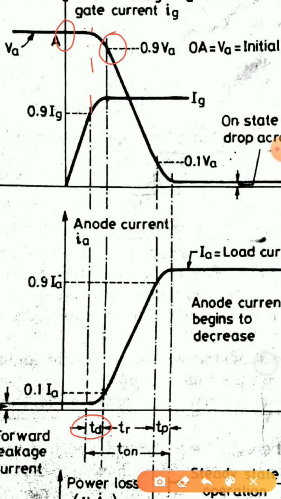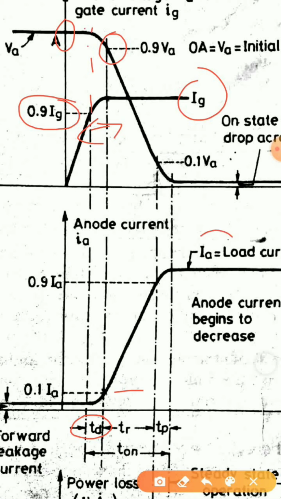or delay time can also be termed as when the gate current goes from 90% value to 100% value. The time duration in which the gate current reaches from 90% value to its 100% value can also be called my delay time, or delay time can also be defined as from forward leakage current to 0.1, that is 10% of the anode current's value.